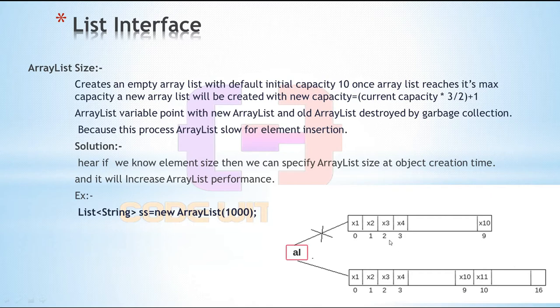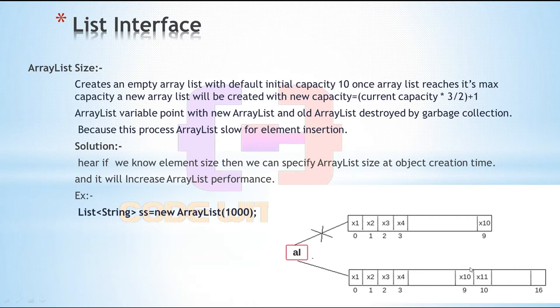Step 1, it will create a new array list. Step 2, it will copy all old array list data into the new array list, and then it will add that 11th index element.